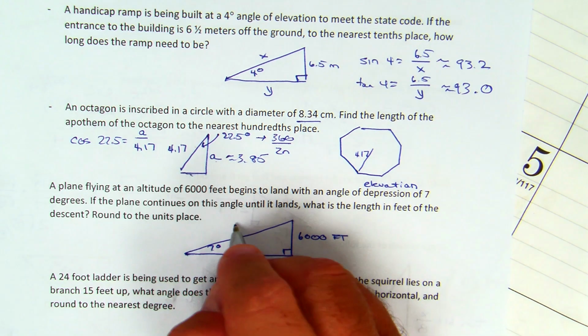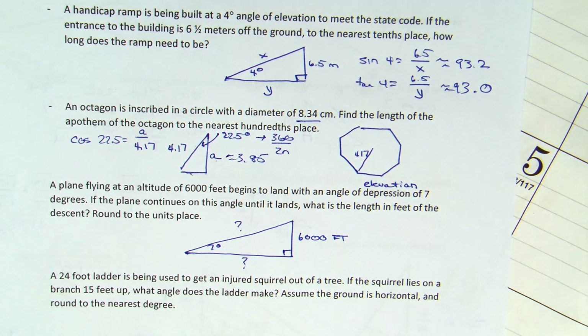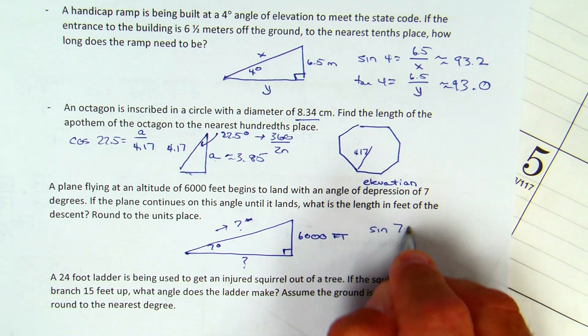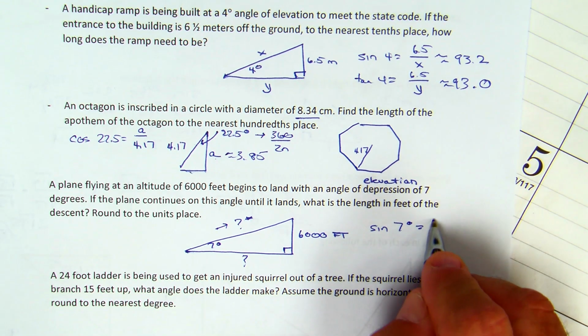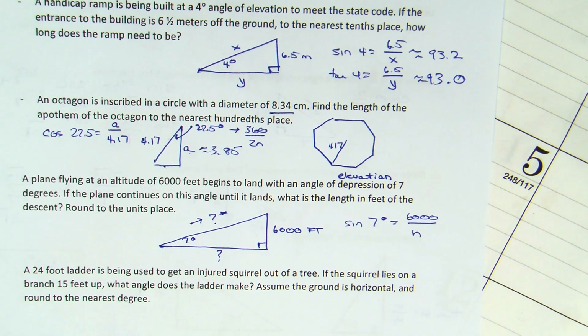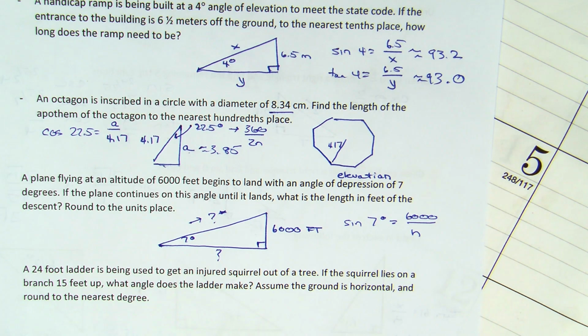And once again, I would accept either one of these. Because length and feet of its descent, it could be the horizontal, but I think it's more likely to be that one because it's a straight line distance. So if I get that one, it seems to be sine. So the sine of 7 degrees equals 6,000 over the hypotenuse. Once again, variables in the denominator, so I'm going to divide 6,000 by sine of 7.